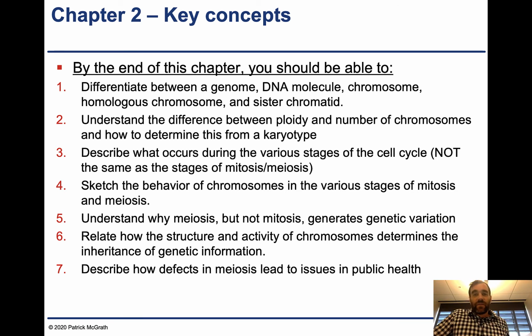You might have some idea in your head of what a genome or a chromosome is, and you might think you know exactly what it means, but these have very detailed definitions. It's important to revisit these words, especially after reviewing the chapter, to make sure you can distinguish between all of these.